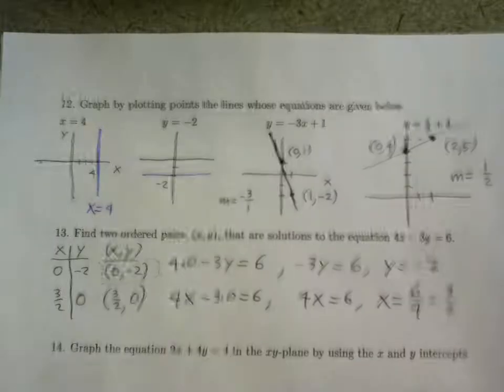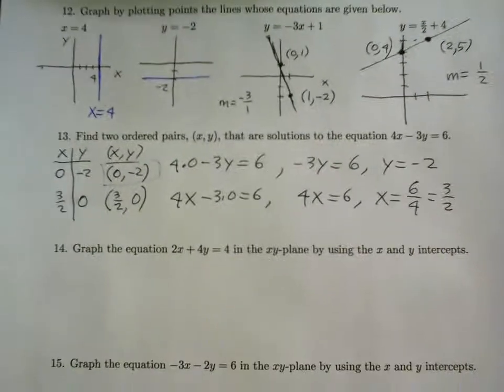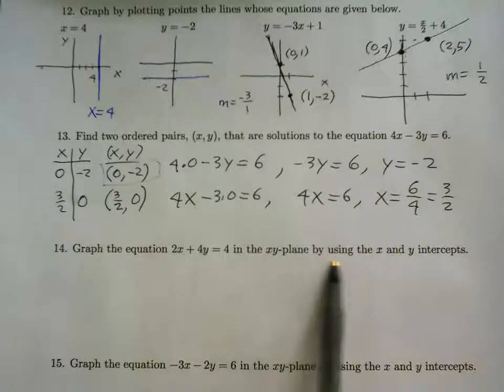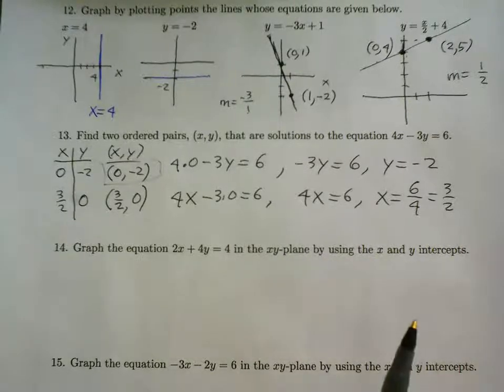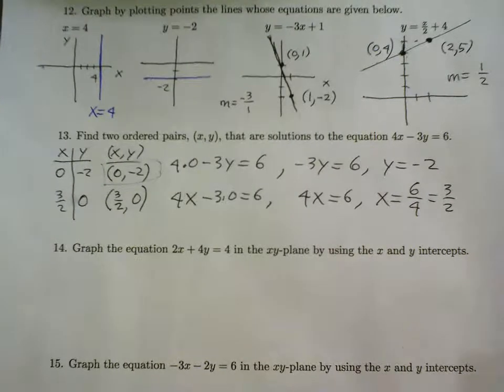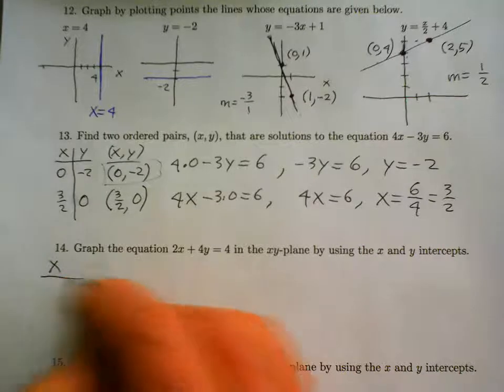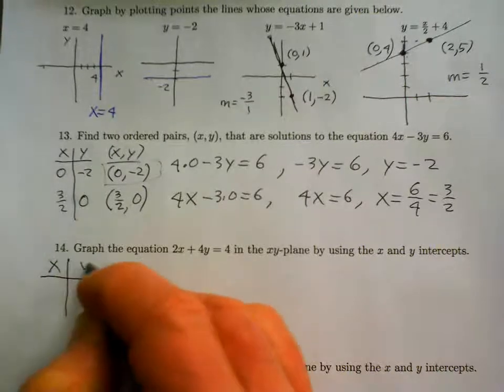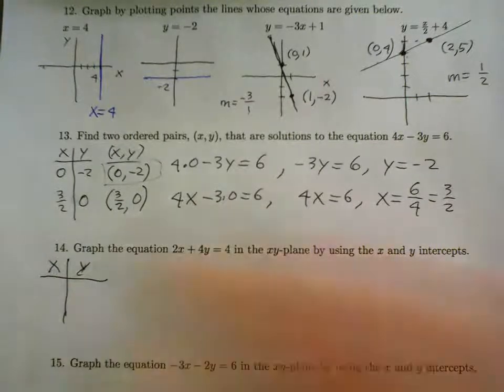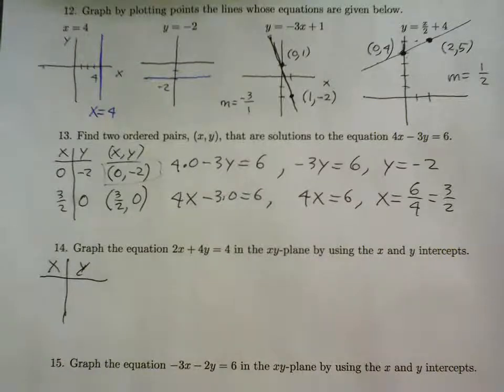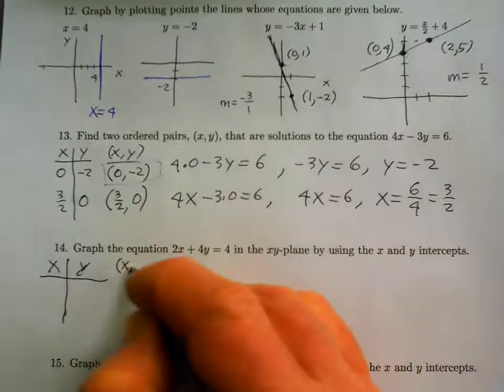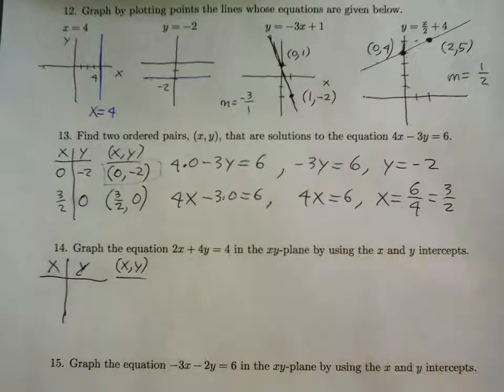Okay, in the next problem, graph the equation 2x plus 4y equals 4 in the xy plane by using the x and y intercepts. So in general, we have infinitely many choices, but if the directions say to graph it by finding the x and y intercepts, then that narrows it down to 2.